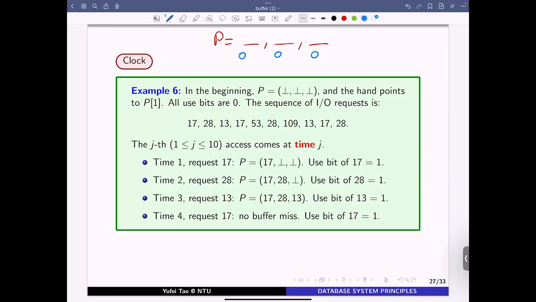You will understand what this recently means in a little bit, but that's sort of the idea. And if this bit is 1, then it indicates that it's recently accessed. That is the first extra thing maintained by the algorithm.